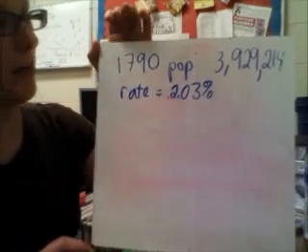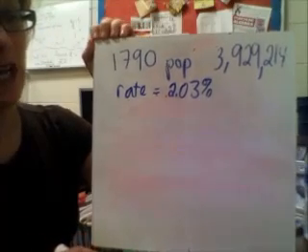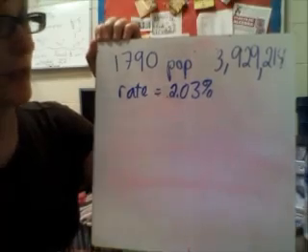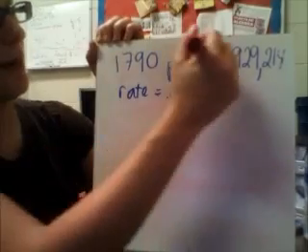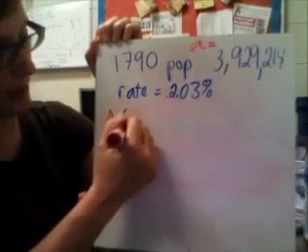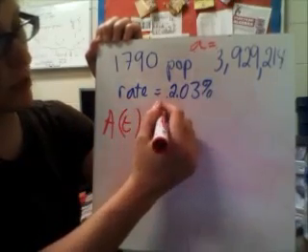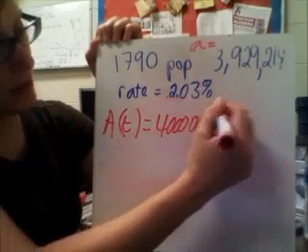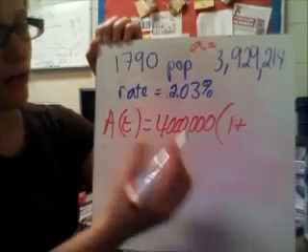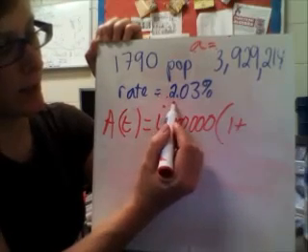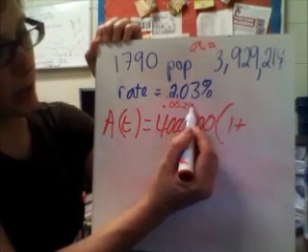So here's the census problem from your notes. In 1790, the population of America, I'm not writing all that, I'm going to say 4 million. That's your original amount. That's your little a. Original amount, 4 million, times 1 plus r. Well, here's your rate, but it's a percent. So it's really going to be 0.00203.